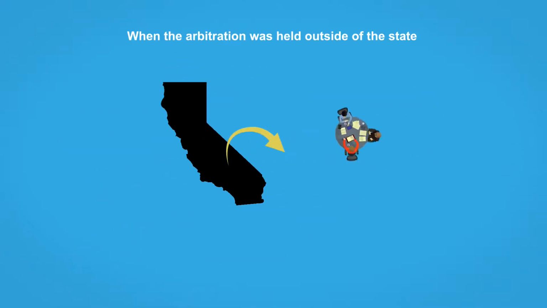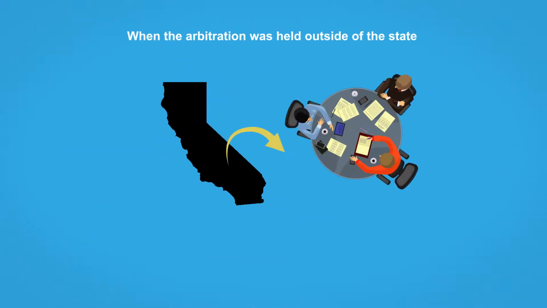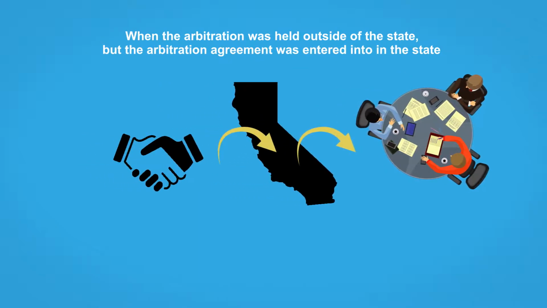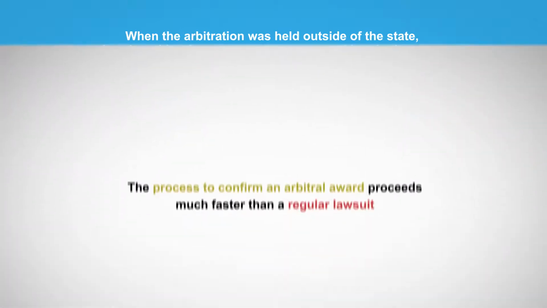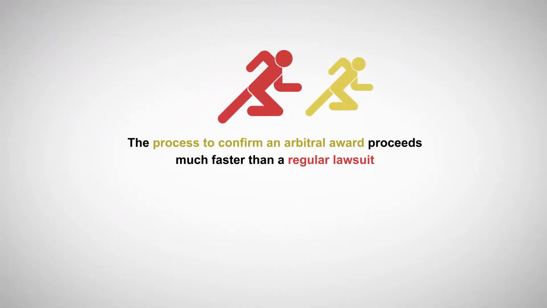When the arbitration was held outside of the state, but the arbitration agreement was entered into in the state, the party seeking to confirm the award must file a petition for confirmation in the county where the parties entered into the arbitration agreement.